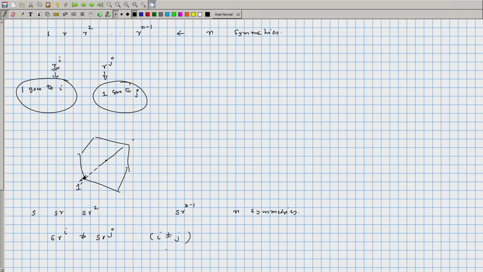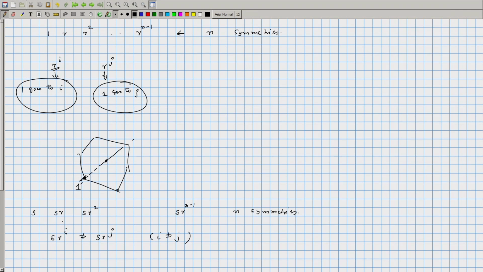Clearly, these are going to be symmetries, because the first operation, the flip about this particular axis, is going to leave the polygon unchanged, and if you follow it up by another operation which leaves the polygon unchanged, you are finally going to get an operation which leaves the polygon unchanged.